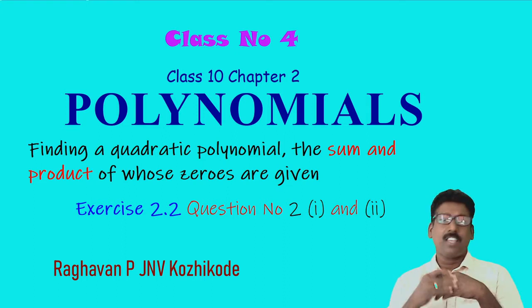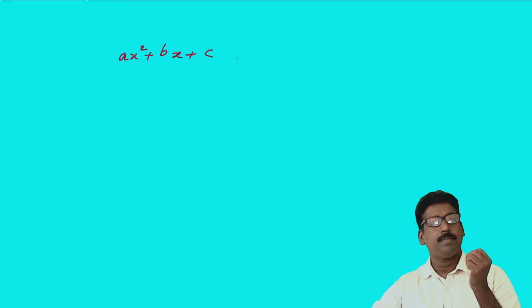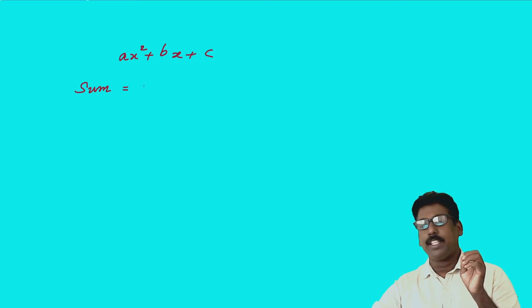In the last class we discussed sum and product of a quadratic polynomial ax square plus bx plus c. This is the standard form of a quadratic polynomial, and sum you can write it as negative b by a, and the product of the zeros you can write it as c by a.